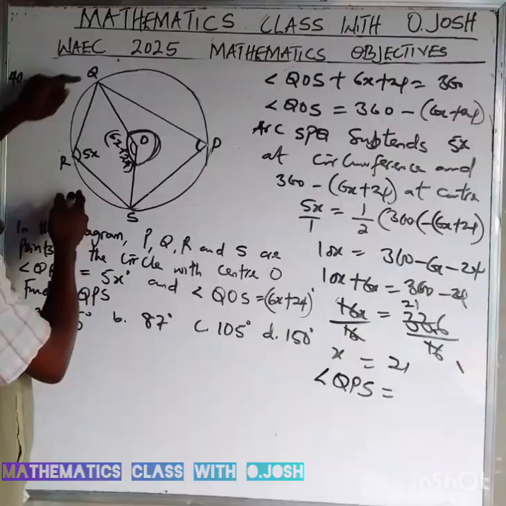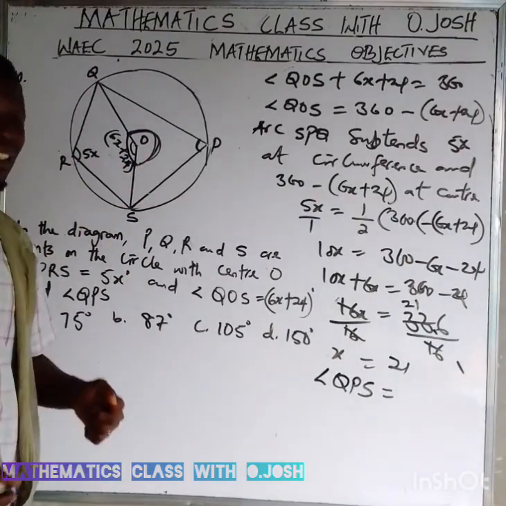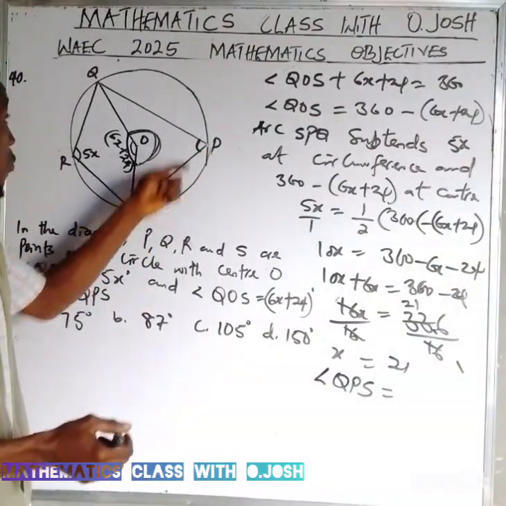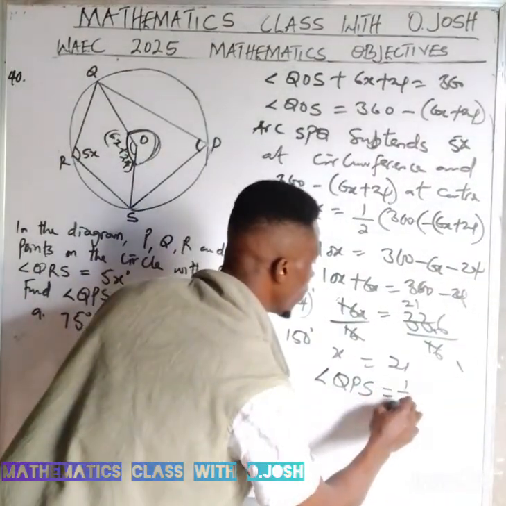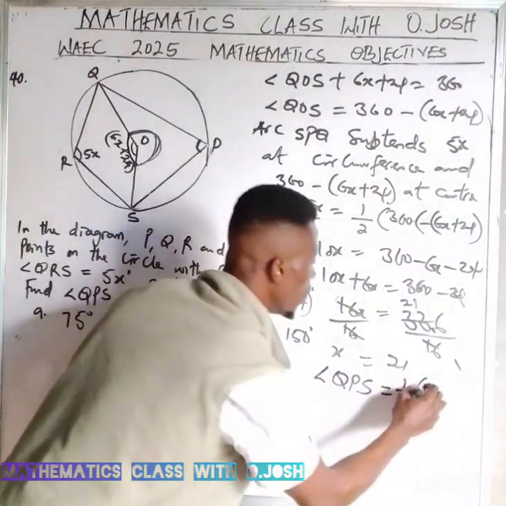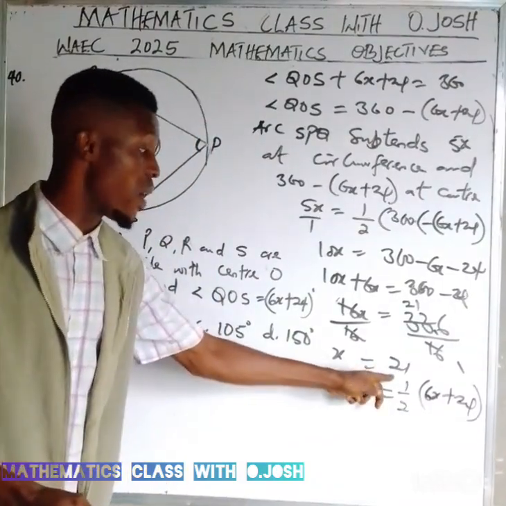So here it has this angle at the center, 6x plus 24 at the center, and angle QPS at the circumference. That will be QPS is equal to half of the angle at the center, which is 6x plus 24. Now we got the value of x to be 21.